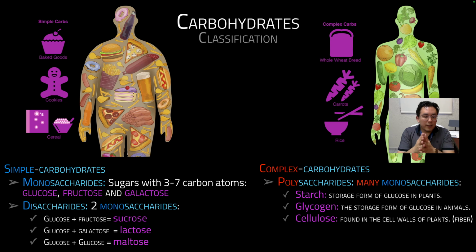The three examples are sucrose, the sugar that you normally eat at table or in a restaurant or at home; lactose, the carbohydrate that is present in milk and milk-derived products like cheese or yogurt; and maltose, which is a carbohydrate that is present in certain drinks. So sucrose, maltose, and lactose are the three disaccharide examples that we need to be familiar with.